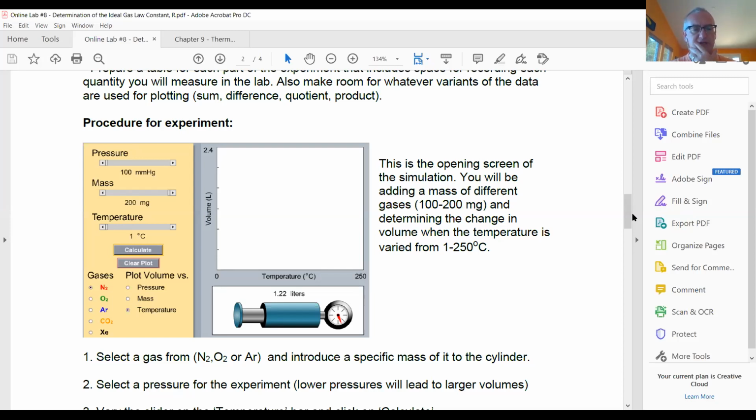What I would suggest is that you have a notebook or a piece of paper in front of you and write all of this down as you're collecting it, and we'll go through that. You select a pressure, a mass, a temperature, and then you hit calculate, and then it'll show you, let me write on this a little bit.